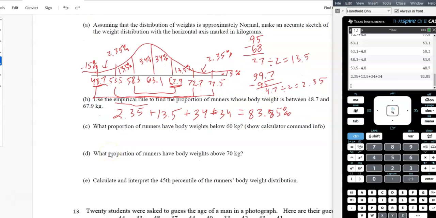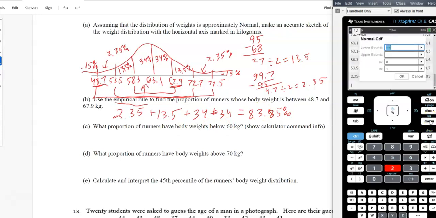What proportion of runners have weights below 60? So below 60. Now, see, they didn't use the empirical rule because 60 doesn't fall on a nice thing. It's like between those two guys, right? So you're going to use your norm CDF command. So menu 652. It defaults to negative infinity, which is what you want. We want 60 and below. So 60, mean is 63.1. Standard deviation is, I forget what it said.